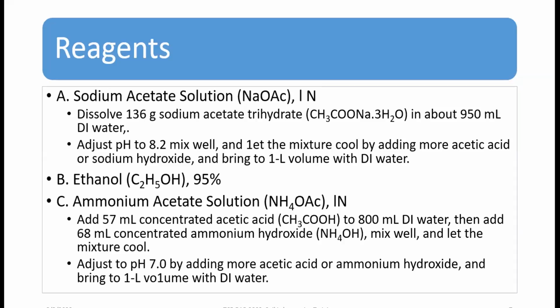Then you add 68 mL concentrated ammonium hydroxide. Mix well and let the mixture cool. Here also you have to adjust the pH to be 7 by adding more acetic acid or ammonium hydroxide and bring to 1 liter volume with distilled water.